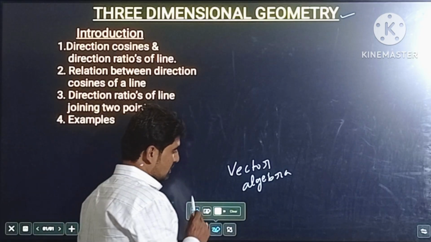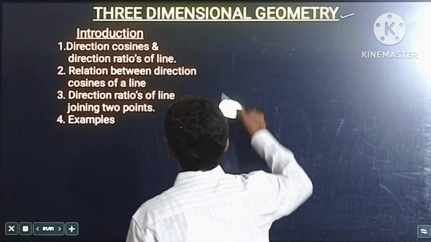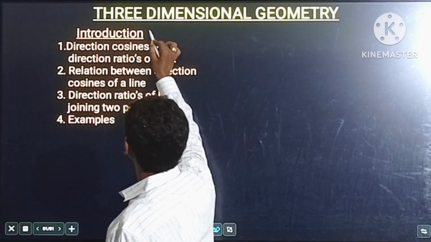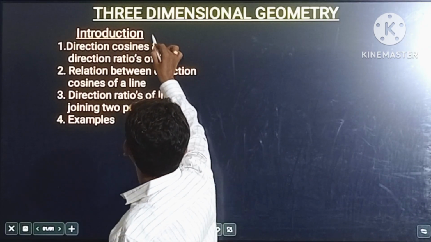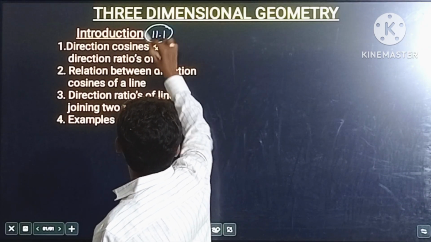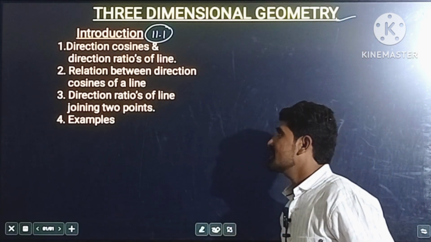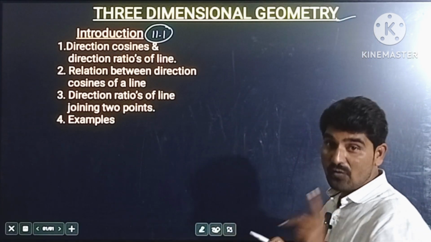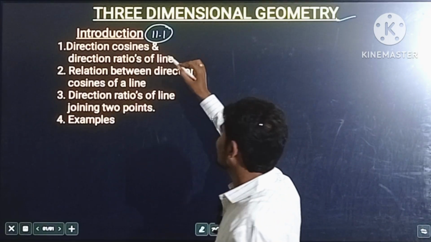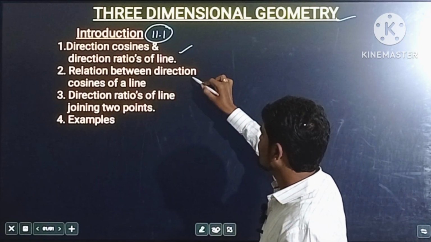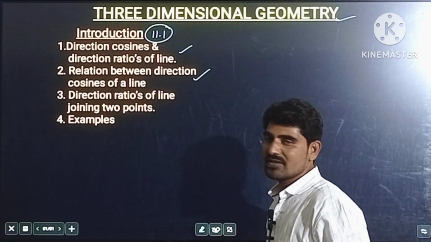So let's start. Today's class is on the introduction part for the first exercise, that is 11.1 of the chapter three-dimensional geometry. This introduction part consists of four concepts. The first one is direction cosines and direction ratios of a line. The second is the relation between direction cosines of a line.